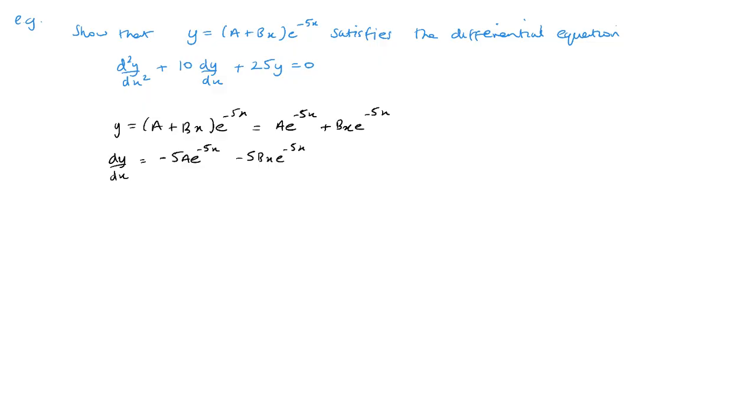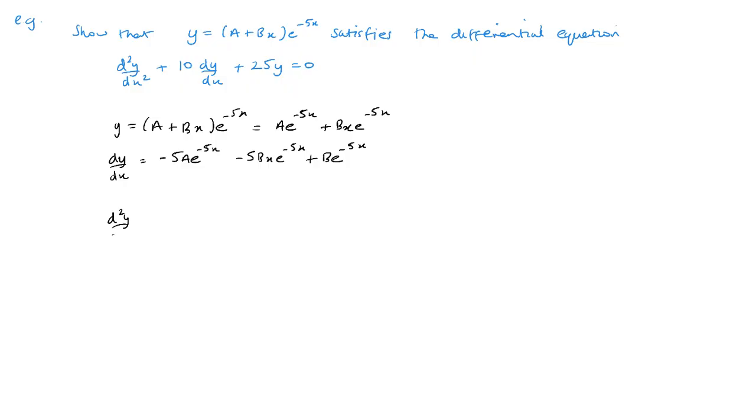And then that's going to be the differential of bx, which would just be b, times this one, so plus b e to the minus 5x. So product rule is differentiate this times that, plus differentiate that times this. Okay, so that gives me my dy by dx.